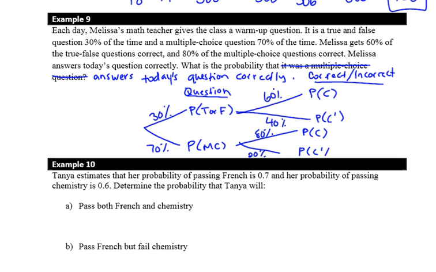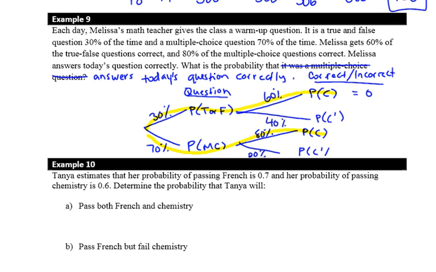True and false correct, or multiple choice correct. So if we want true and false and for her to get it correct, how do we get that probability? Multiply them together.